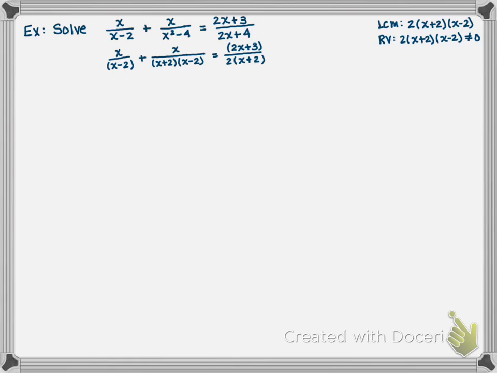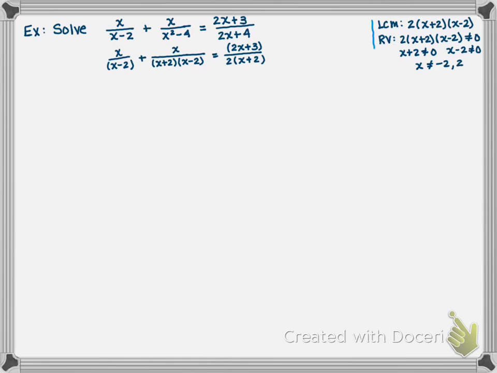So 2 is not going to contribute a restricted value because it doesn't have an x in it, right? And so it's not going to ever be equal to 0, so we don't have to worry about it. So we have x plus 2 is not equal to 0, x minus 2 is not equal to 0. So x cannot be negative 2 or 2.